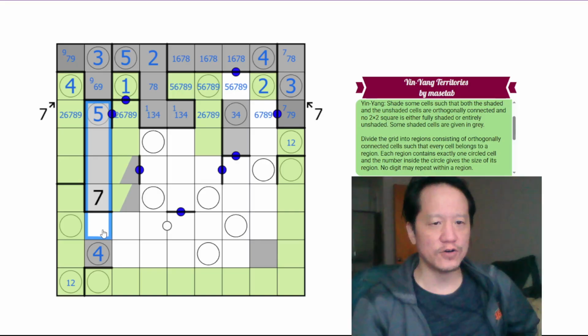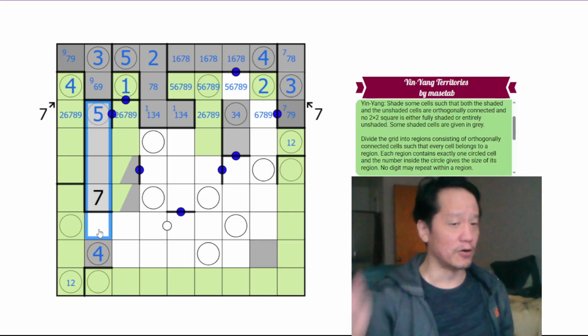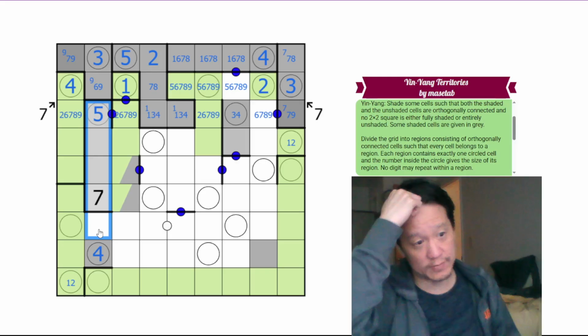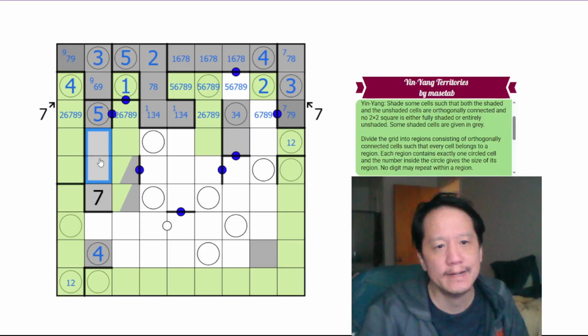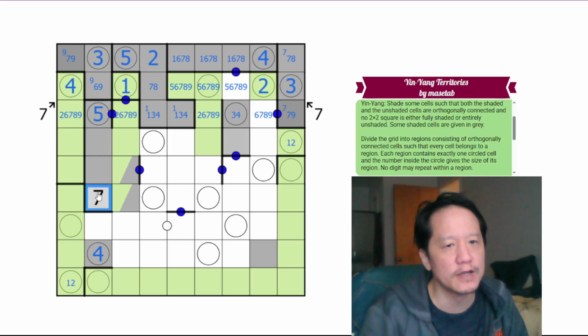Because if it's all 5 going down that way, it's now 1, 2, 5, 6, 7, which adds up to 21, which is not possible. You can't have 5, 7, and 6. Obviously, this is boundary here.